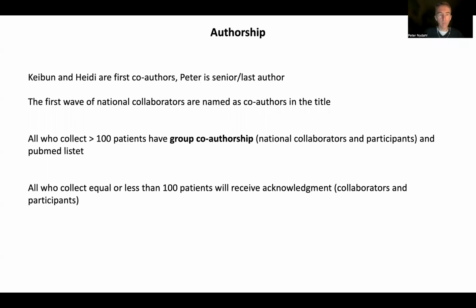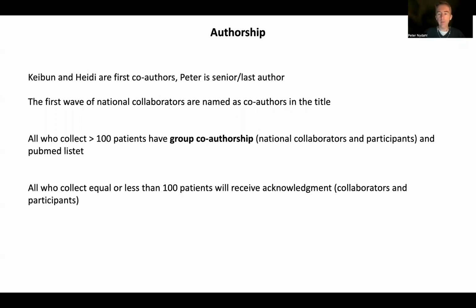Authorship, here are the rules. Kai-Bun Liu and Heidi Lindroth are first co-authors. Me, Peter, I'm the senior or last author. The first wave of national collaborators, around 12 or 16, are named as co-authors in the title, and all others who collect more than 100 patients have a group co-authorship.